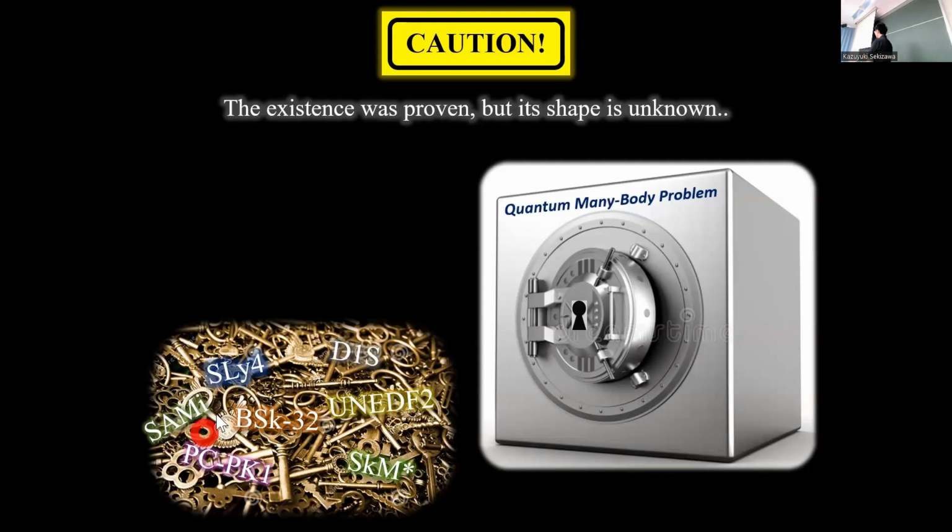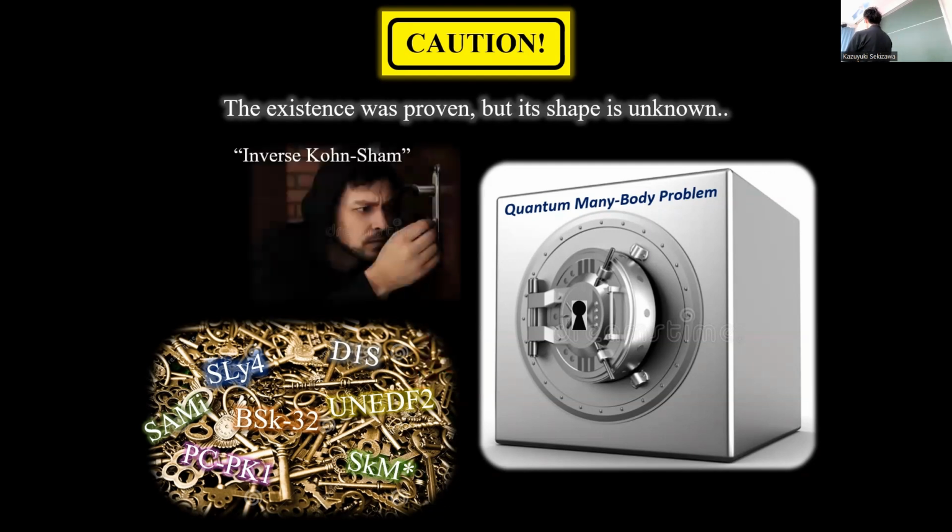The development of the key, or energy density functionals, is also an important subject in nuclear theory, which I am not going to discuss in this lecture. But there are many types of EDF which are quite well developed and explain a lot of properties of nuclear many-body problems. I just mention here that there is a method to solve the Kohn-Sham equation as an inverse problem.